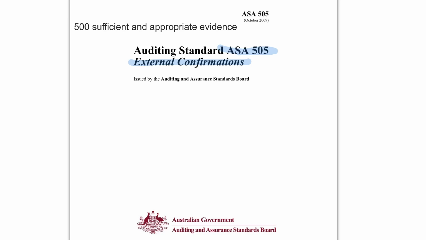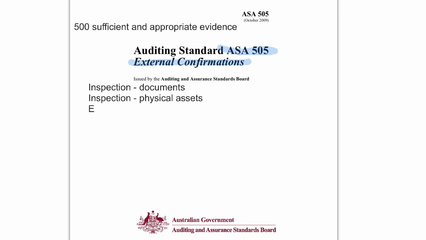Now within ASA 500, they also talk about a number of different procedures. The sorts of things that we could have include inspection, and remember I actually break that down into inspection of documents, and then I also have inspection of physical or tangible assets.